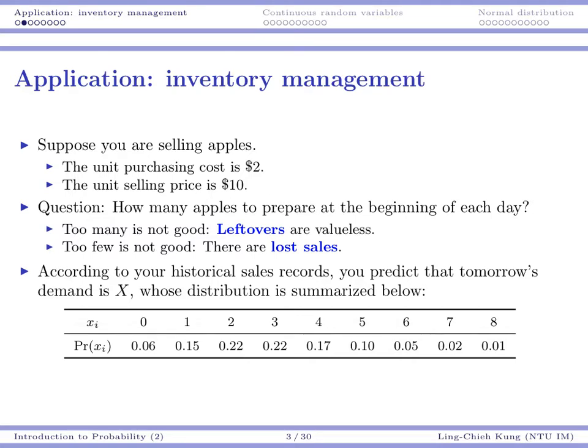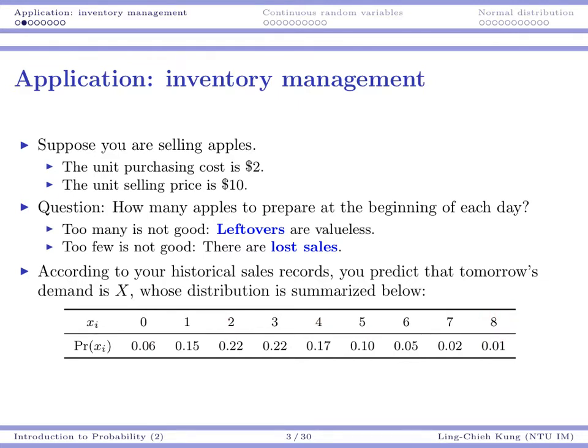So let's assume, according to your expertise and historical sales data, you somehow predict that tomorrow's demand will be something we call capital X. Capital X is a random variable, okay? And in particular, it's a discrete random variable because we assume that you will sell either 0 or 1 or 2 and so on up to 8 apples.